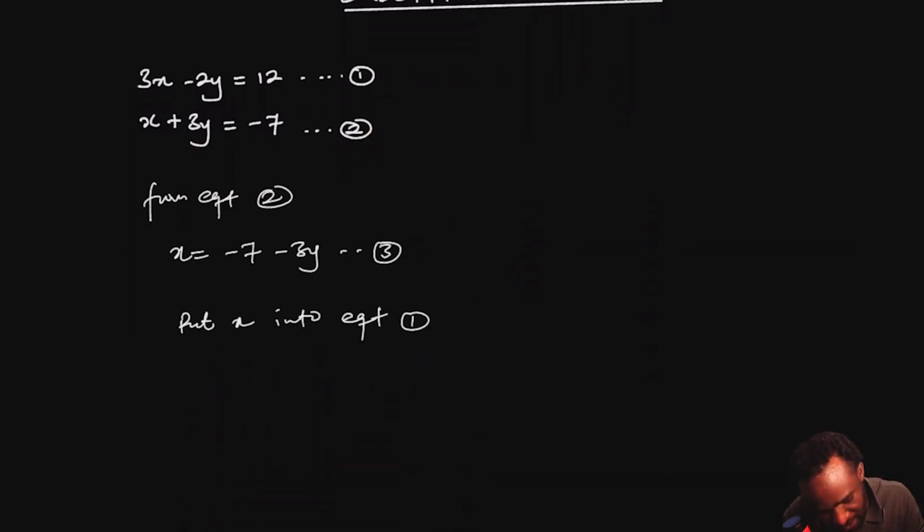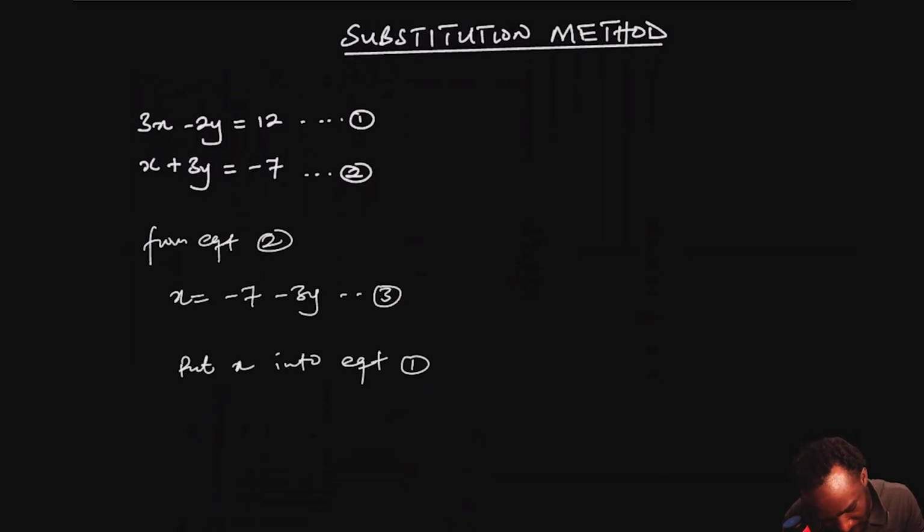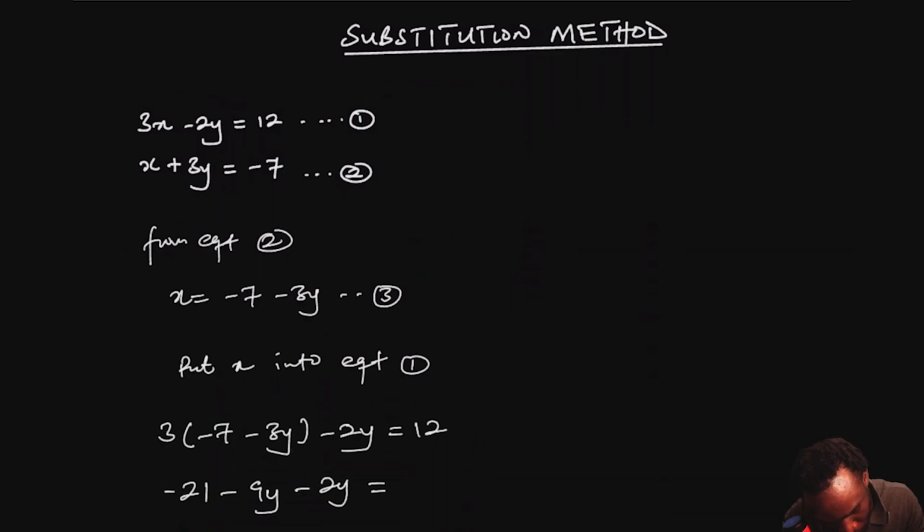What do we get when we put x into equation 1? We get 3 times the value of x, which is minus 7 minus 3y, minus 2y is equal to 12. Then we further simplify this. We get minus 21 minus 9y minus 2y is equal to 12.